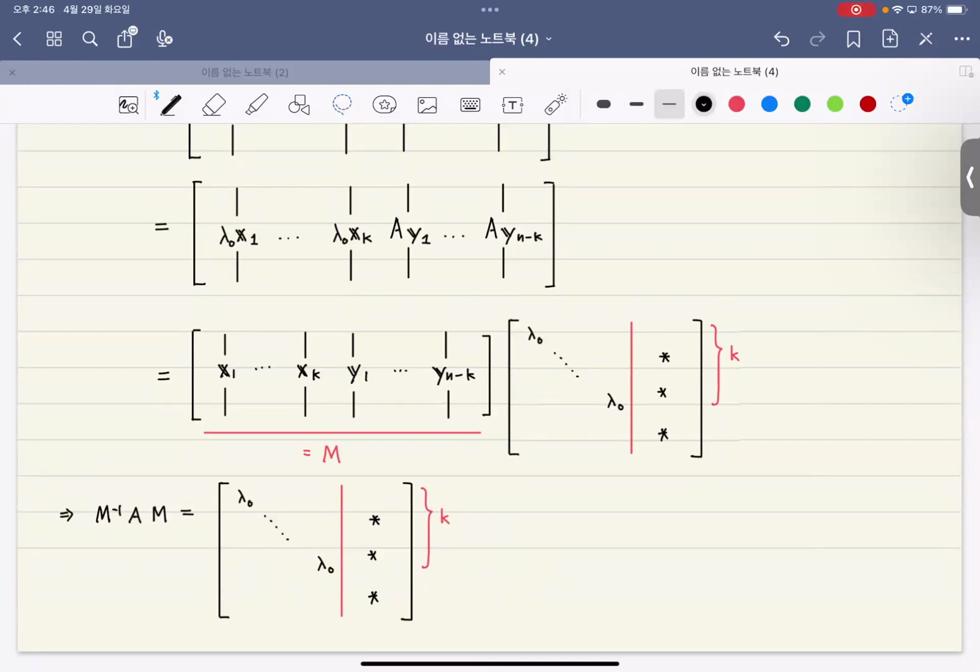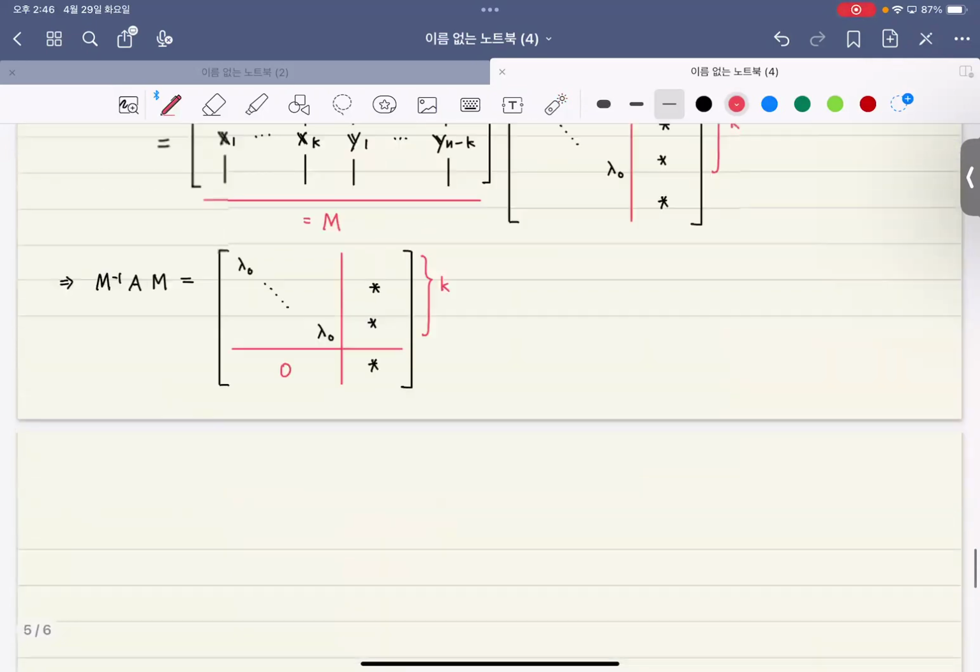Clearly, the matrix on the right is a block matrix. This is a k by k square matrix, and this is an n minus k by n minus k square matrix. And these are some other numbers, and this is clearly 0.